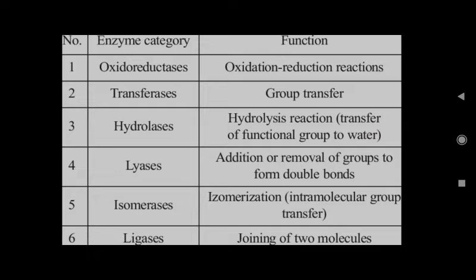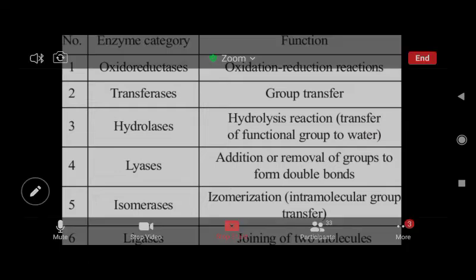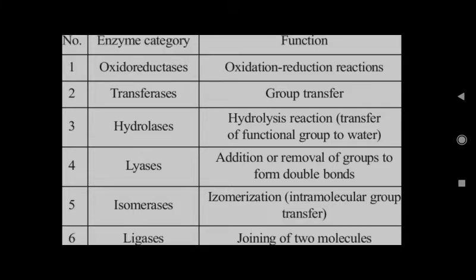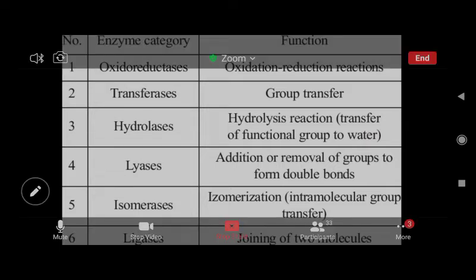So once again, all the enzyme categories: oxidoreductase brings about oxidation-reduction reactions, transferase transfers a group, hydrolase brings about hydrolysis, lyase is removal or addition of a group, isomerase brings about isomerization, and ligase is ultimately the joining of two molecules.